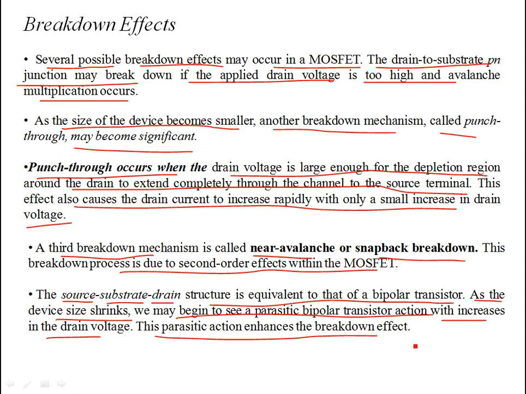If the channel length is large, you don't have this parasitic bipolar action. But as the device size is shrinking, and then increasing the drain voltage, since the PN junction is reverse biased, your BJT action comes into play, and there's a breakdown of the transistor. Due to the small size, the source and drain become quite close to each other.